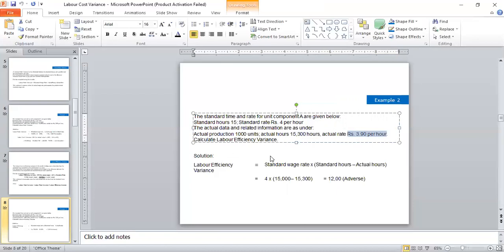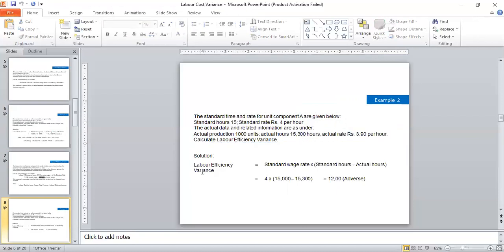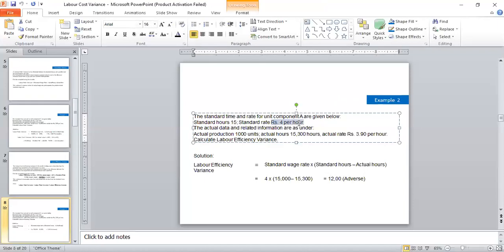Calculate the labor efficiency variance. For this, again, we have the labor efficiency formula: labor efficiency variance is equal to standard wage rate multiplied by standard hours minus actual hours. Standard rate is rupees 4. Here we have taken standard hours as 15 hours for 1 unit.